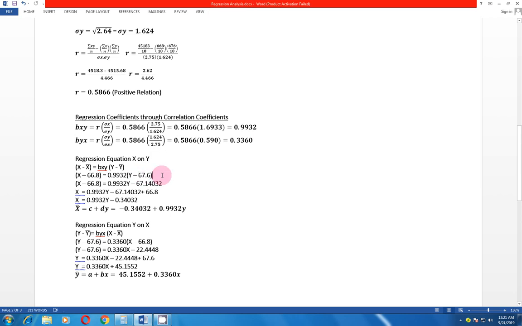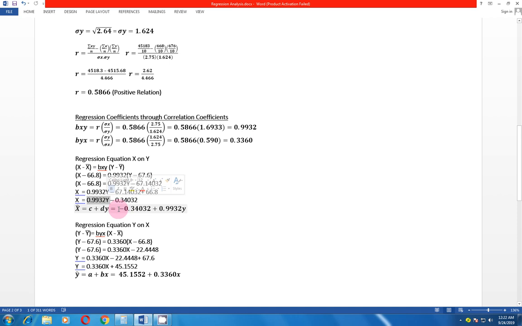After calculating the whole equation, we get 0.9932y minus 0.34032. The value without the variable is c, and 0.9932, which is with the variable, is d.